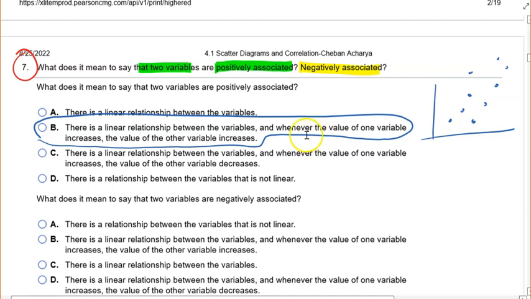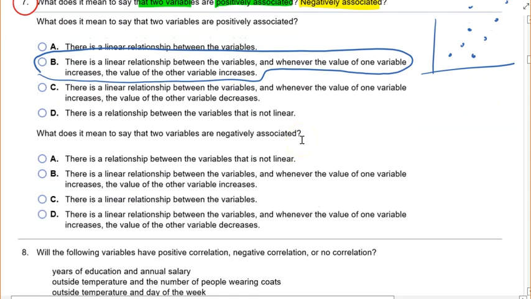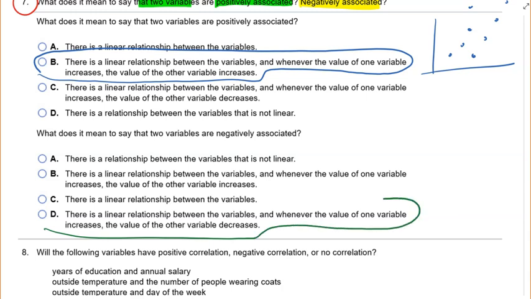But negatively associated is the other way around. There is a linear relationship between the variables, and whenever the value of one variable increases, the value of the other variable decreases. Remember that? That's negatively associated.